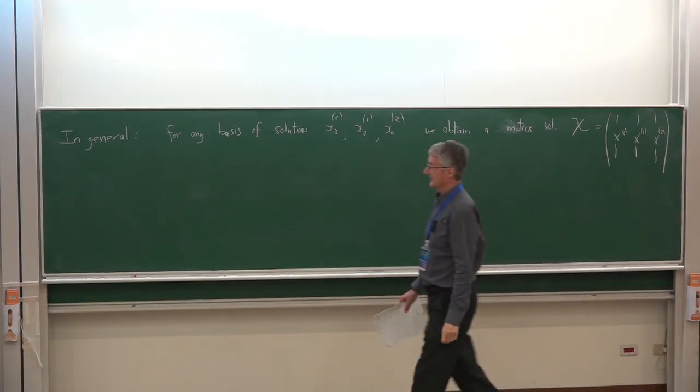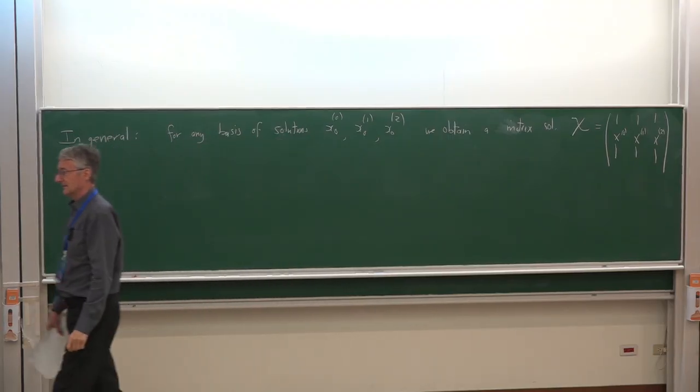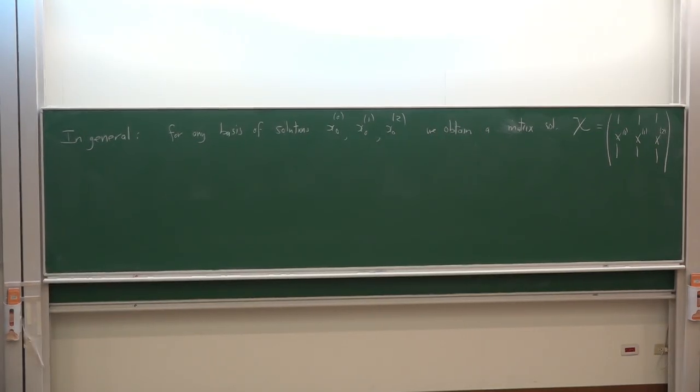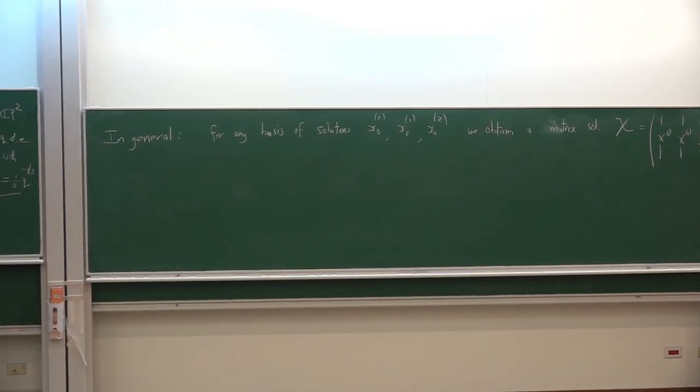So what am I trying to do? I want to produce the gamma class, and I want to produce it as the connection matrix of this differential equation.